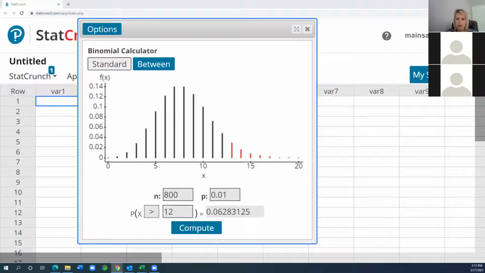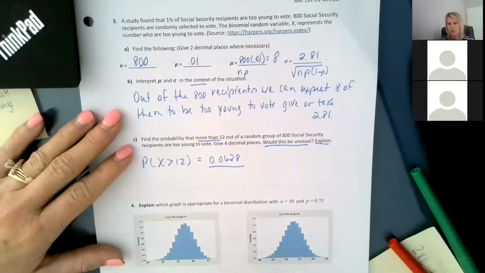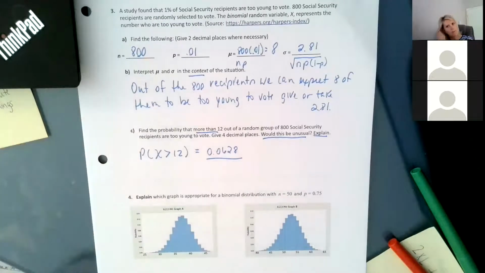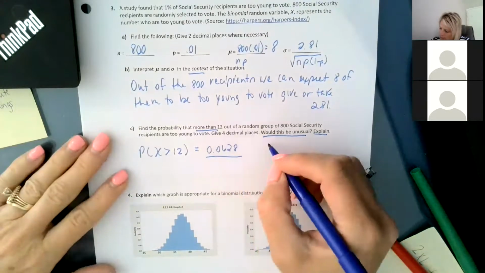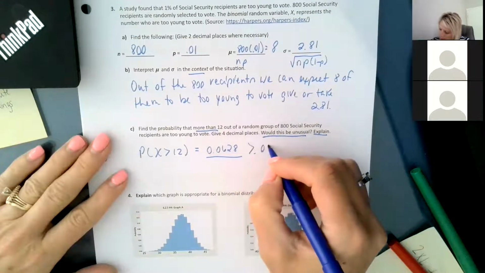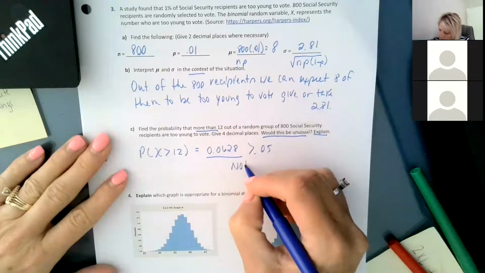So we talk about standard deviations when we're talking about the mean, when our observation is more than 2 standard deviations above the mean or below the mean. And when we're talking about probability, we're going to use the 5% rule. So this is a no because this is greater than 0.05. So not unusual.